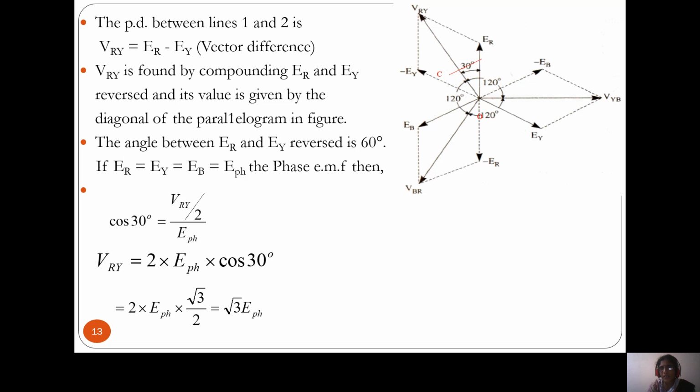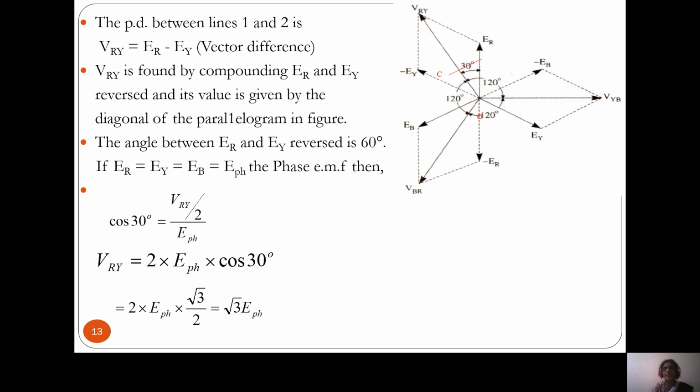The total is 120 degrees, and half of 120 is 60 degrees, and from that point it splits into two parts of 30 degrees each.